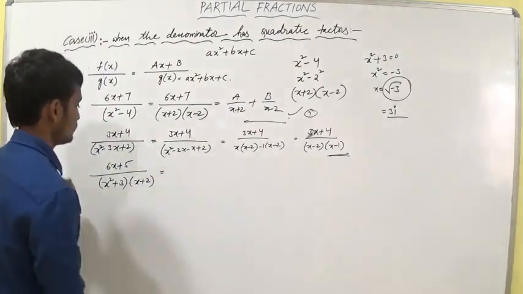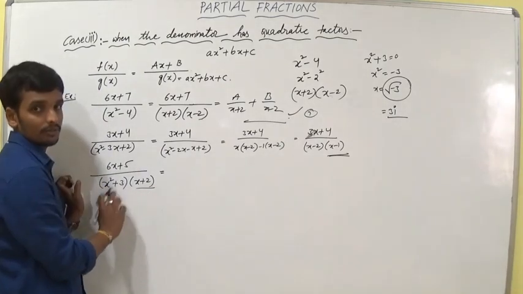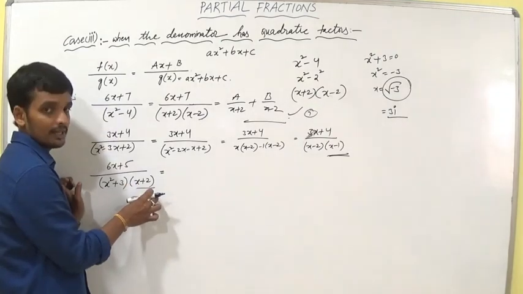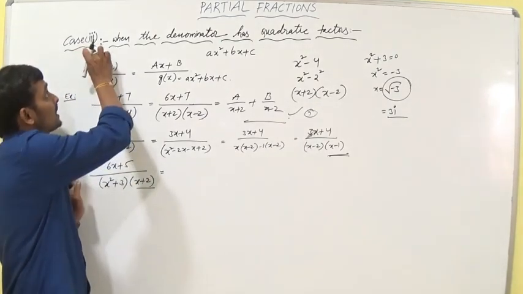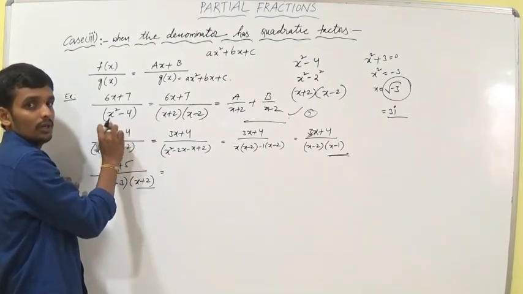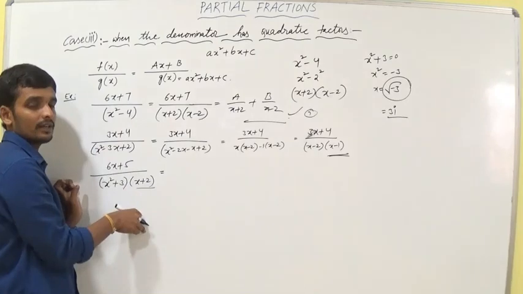How is it? So I am writing here. This is the quadratic factor and this is the linear factor. That means a mixed case. In case 3, the first kind has only quadratic factors. Here we have a quadratic factor and a linear factor, that means mixed.